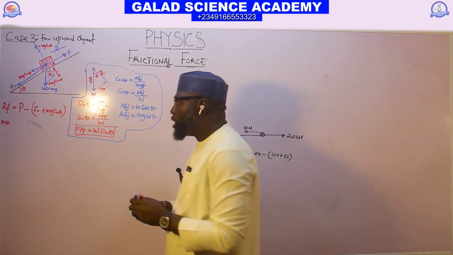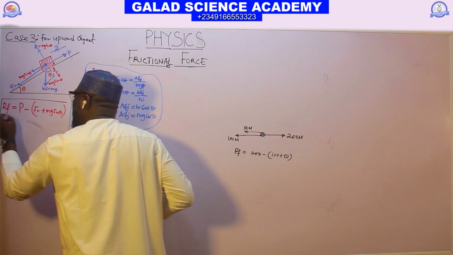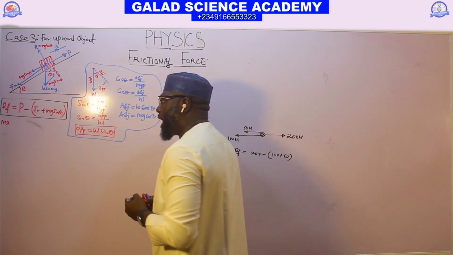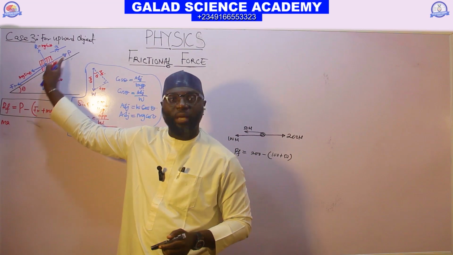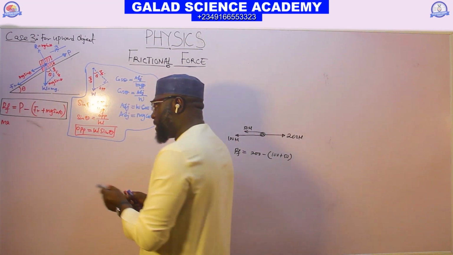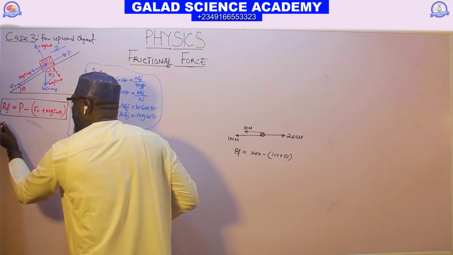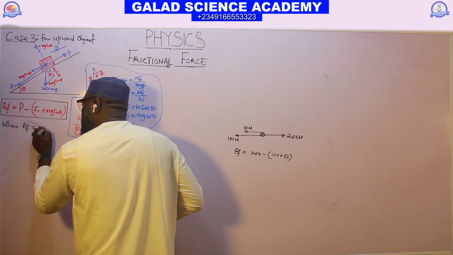This is the first method, the formula for resultant force for an object on an inclined plane. Let me write it clearly. Resultant force is MA.